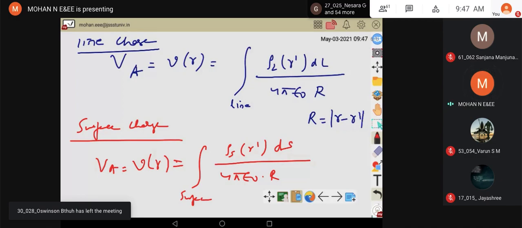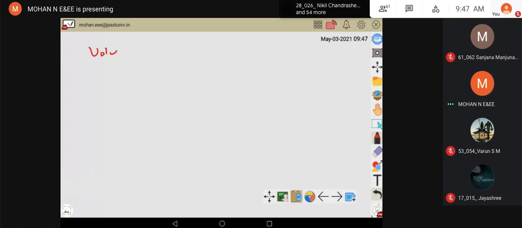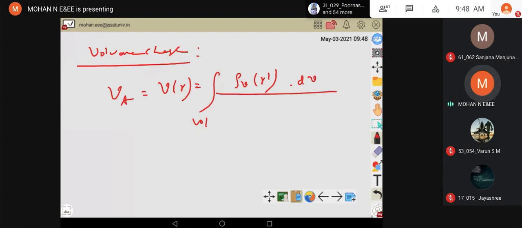Okay. Next, you want to recall that formula for volume charge. So for the volume charge, V of R is equal to the volume integral of rho V of R dash into dV divided by 4 pi epsilon naught times R minus R dash, or simply R. So this is for a volume charge.